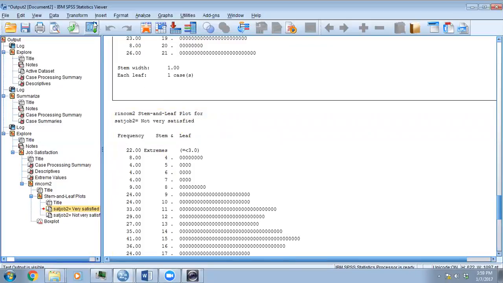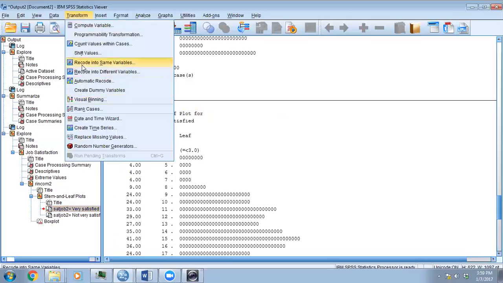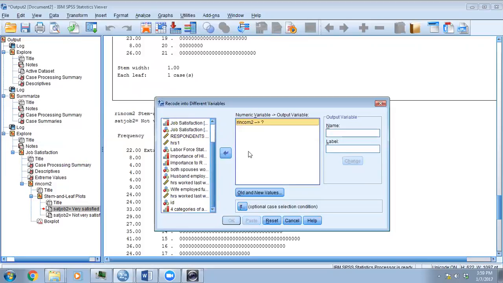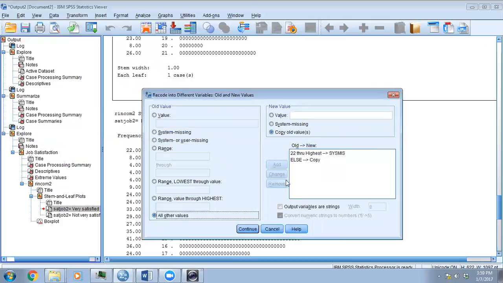So what we're going to do is go to Transform, Recode into Different Variables, and I'm going to remove this one, or income to or income 3. And let's see, I'm going to remove this one.